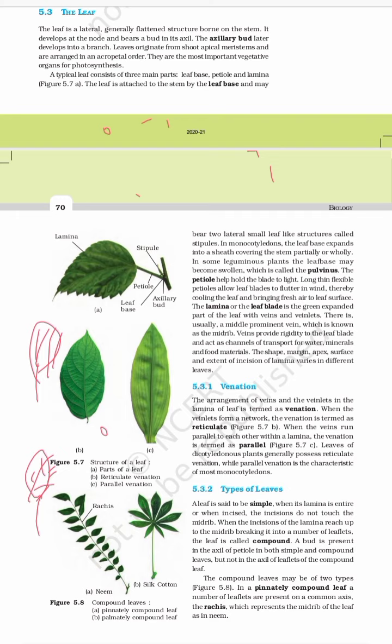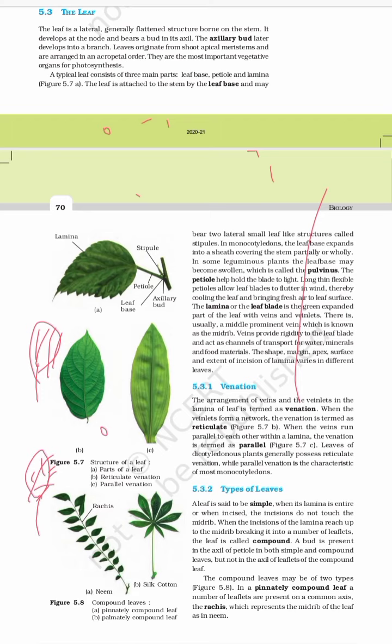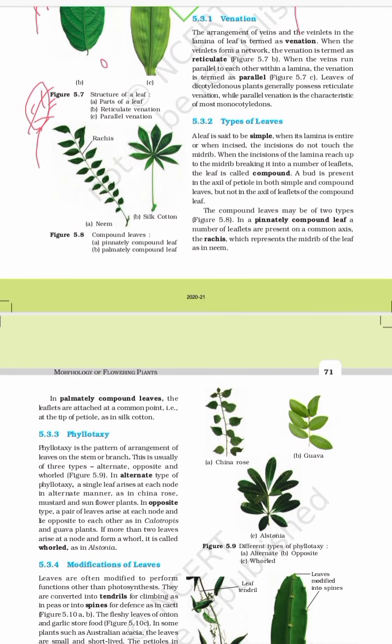So let us now study venation. What do you mean by venation? Venation means arrangement. In typical words, I can say venation means arrangement. So the arrangement of veins is called venation.